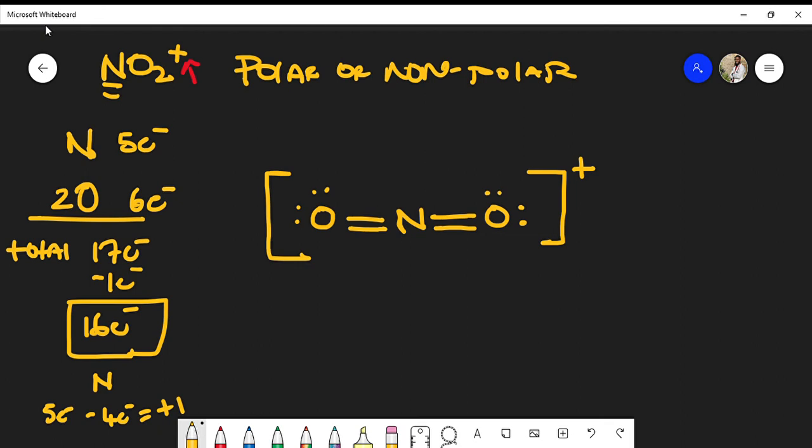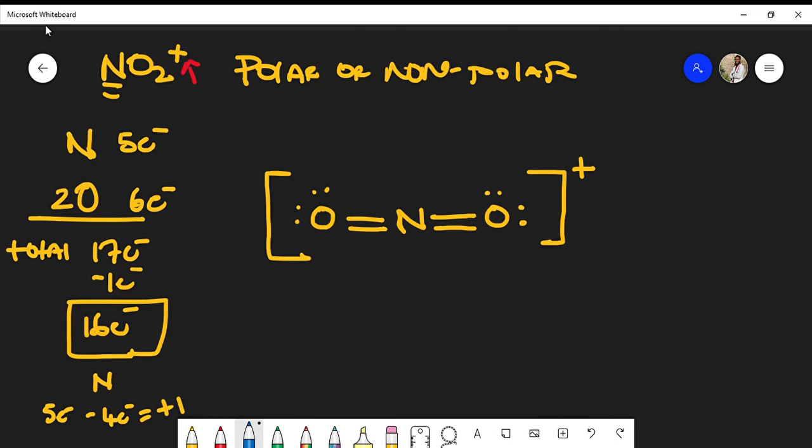Now, with this, we need to draw our dipole moments. We should know by now that nitrogen is in group 5, so nitrogen has 5 valence electrons. Oxygen is just to the right of that column, so oxygen is more electronegative than nitrogen, right?